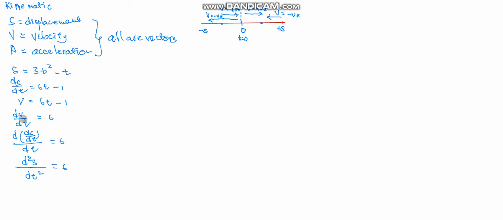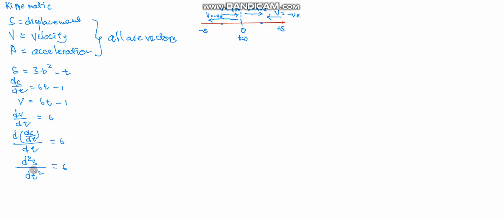dv/dt, the change of velocity divided by the time taken, is the definition of acceleration. So displacement differentiated with respect to time gives you velocity. Velocity differentiated again with t gives you acceleration.